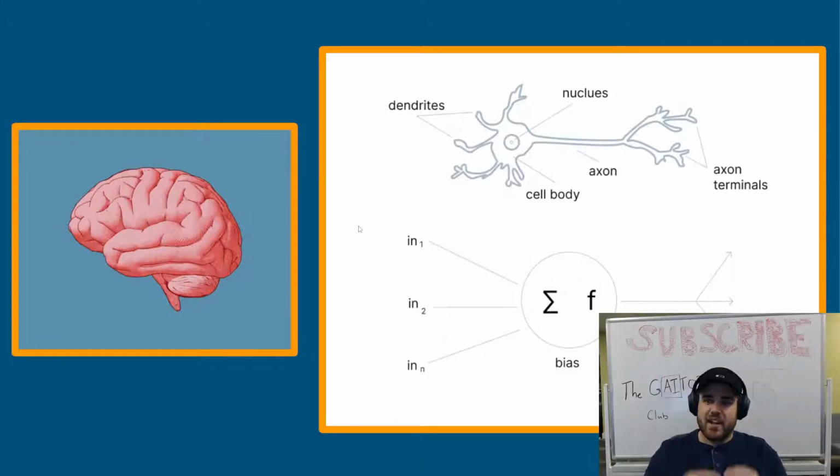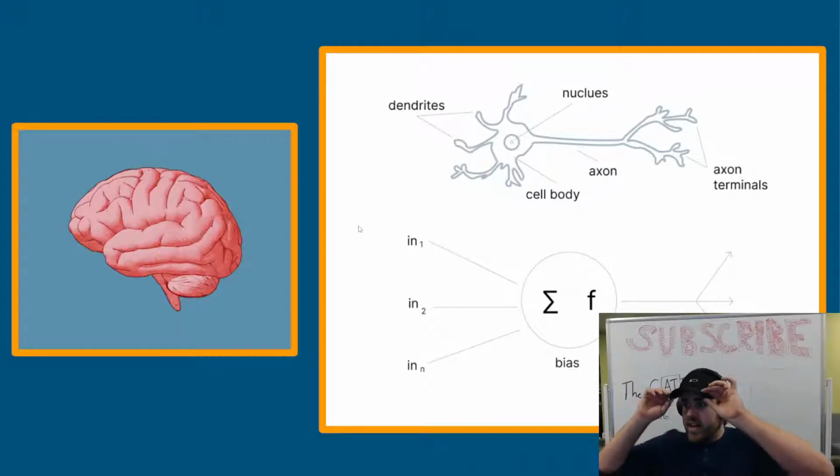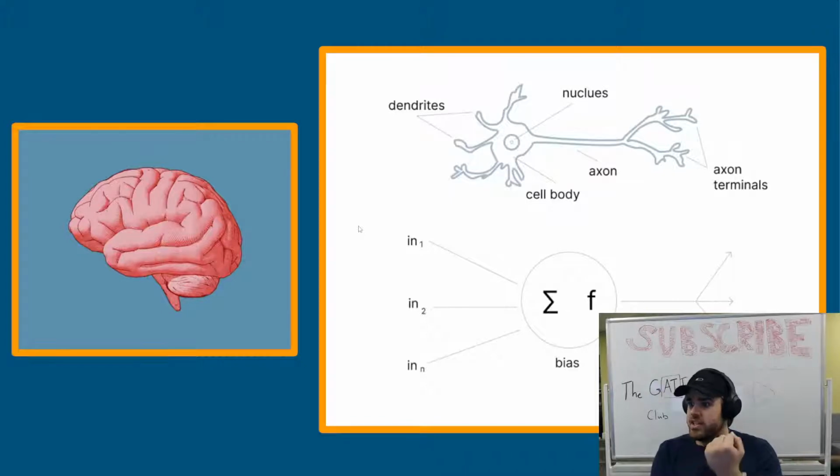There are inputs like when you see, when you touch, when you smell. All those are technically inputs that go into your brain, and your brain determines what to do based off of neurons that go to your arms and your legs. Our brain is basically just like a biological computer.